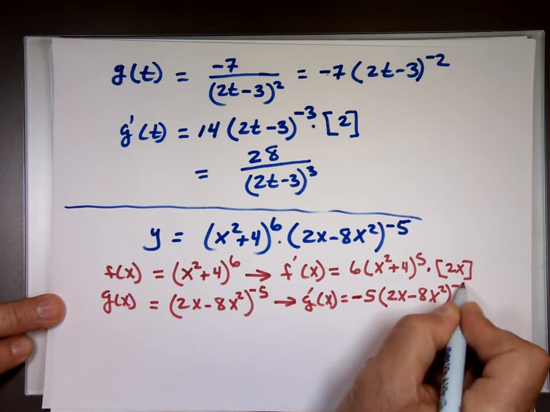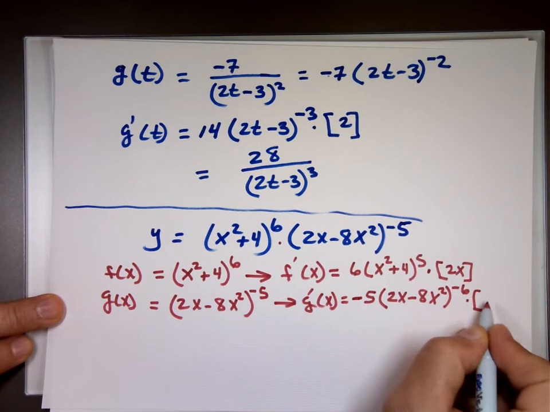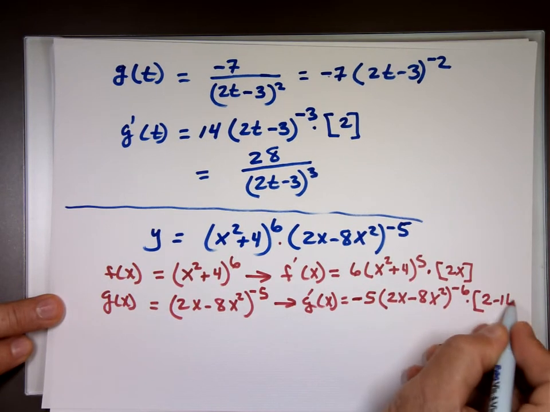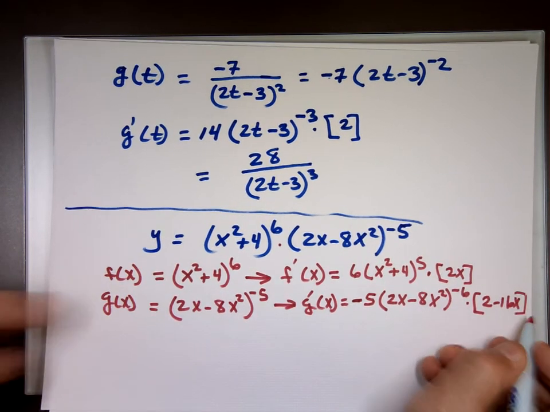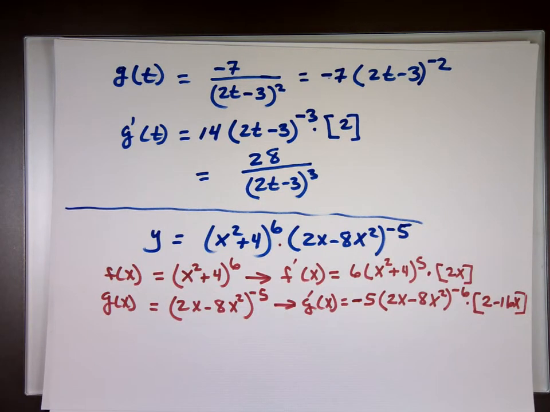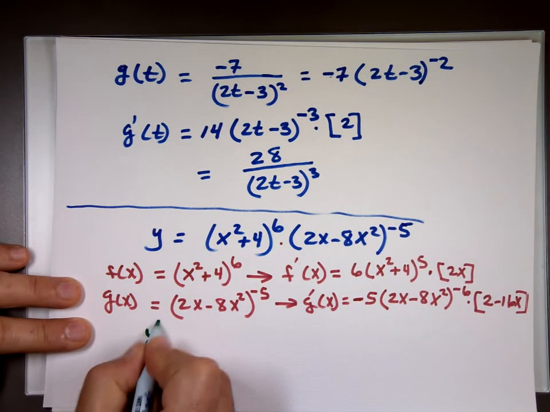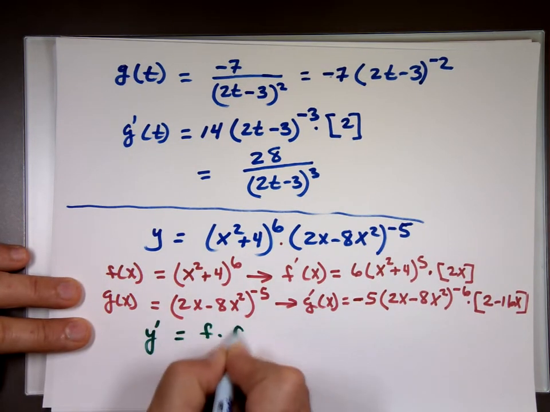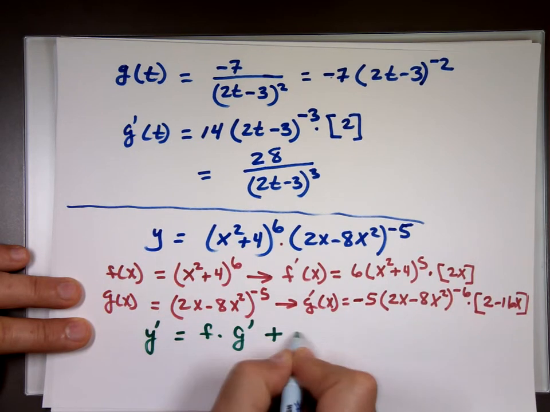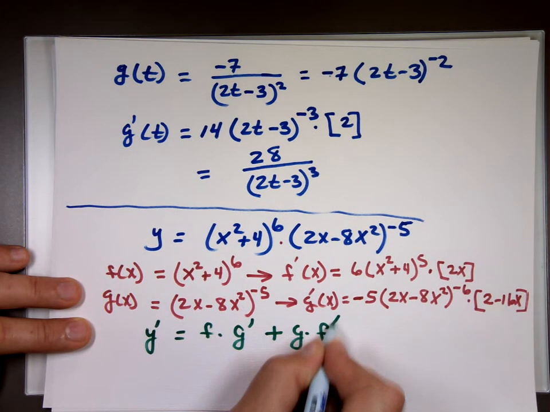Times the derivative, 2 minus 16x. You get all 4 pieces? We have a product. Y prime is f times g prime plus g times f prime. Just write small if you want to fit on one line.